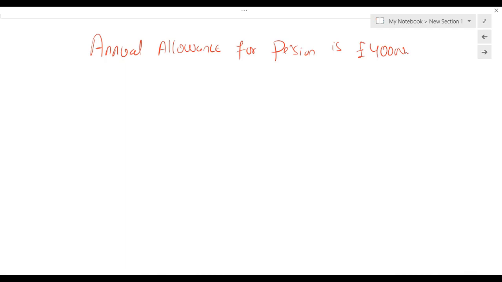Now there are two questions. Question number one, if someone contributes less than 40,000 pound, then what do we need to do with the unused limit? Second question, if someone contributes more than 40,000, what are we going to do with the excess contribution over 40,000? Two relevant questions, of course.